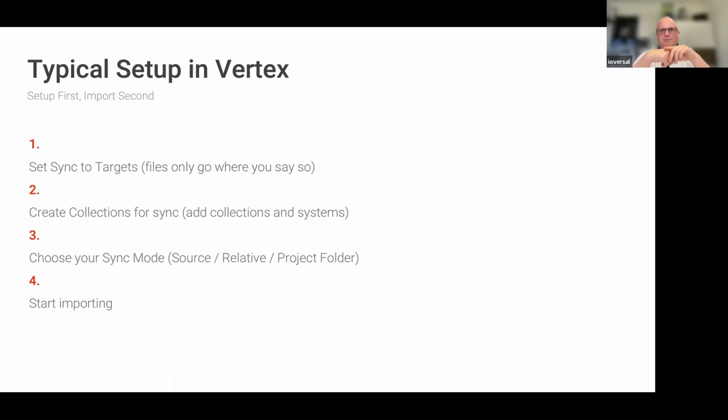We see many operators who are in a rush and say, oh, I'll import all my content at once. Take the 10 minutes it might take to set up your whole synchronization process cleanly. For example, check that your drives have enough space, to make sure everything works seamlessly when you start transferring content afterwards.